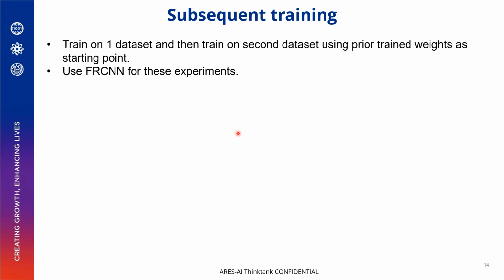However, at this time, you do not have access to the previous data. So while you have the model that was trained on the previous data, now you have to take that model as a transfer learning approach and then train on the new data set. And how will the model perform now if we apply it to the previous setting and the new setting? We use FastRCNN for these experiments, but the results for SSD as well as for YOLO were very similar also.